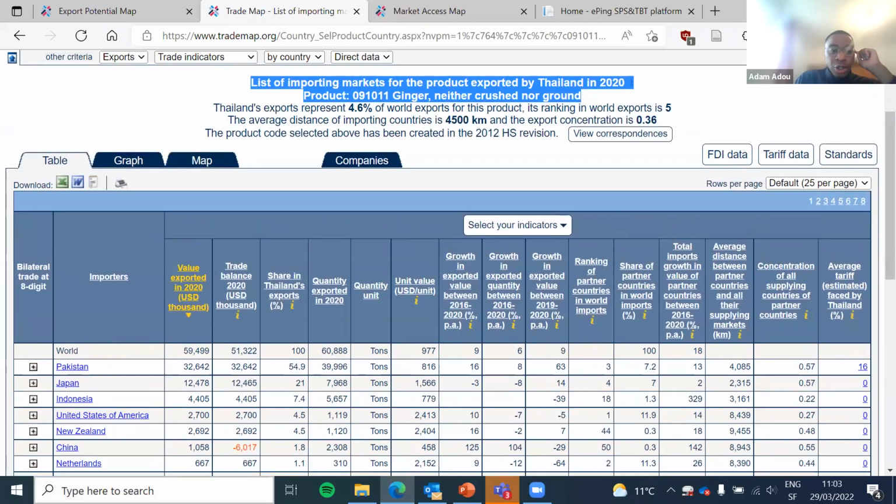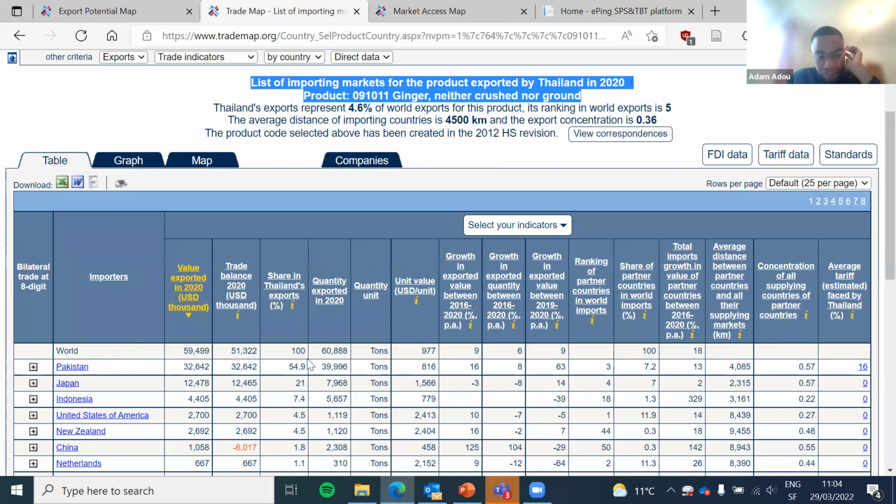So at your disposal, you will have different trade indicators. As I said, in here you see the value exported by Thailand to Pakistan for ginger. With the second column, you will see if Thailand is a net importer or net exporter of ginger to Pakistan or to all the other countries listed in here.